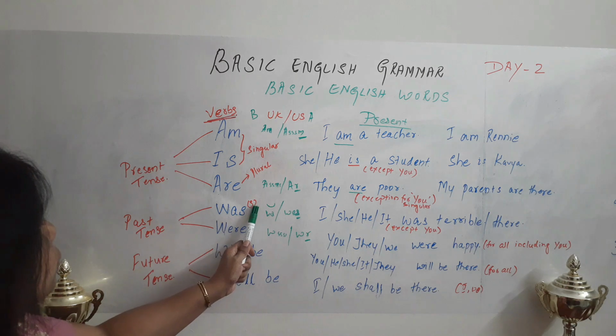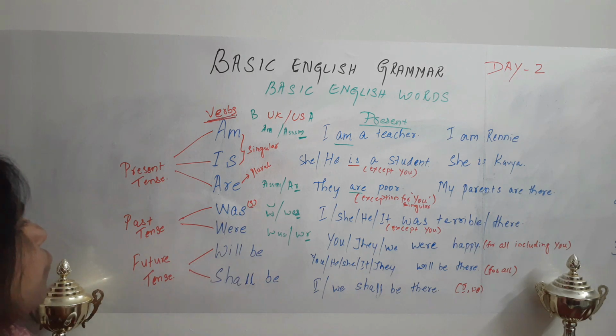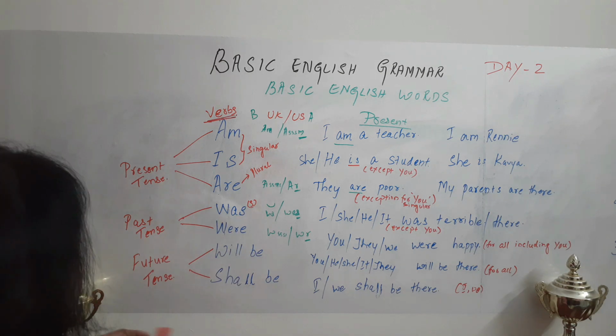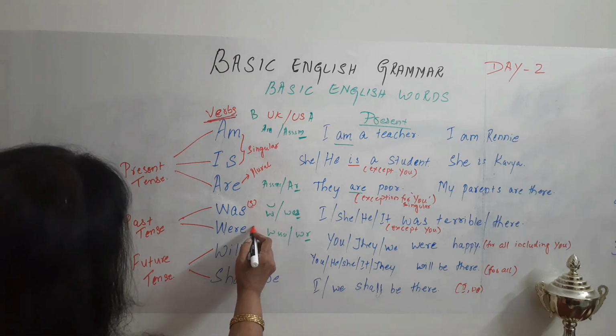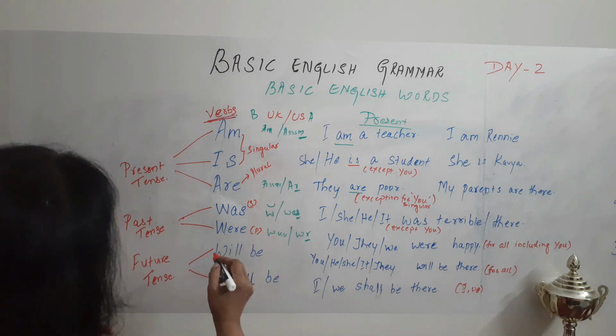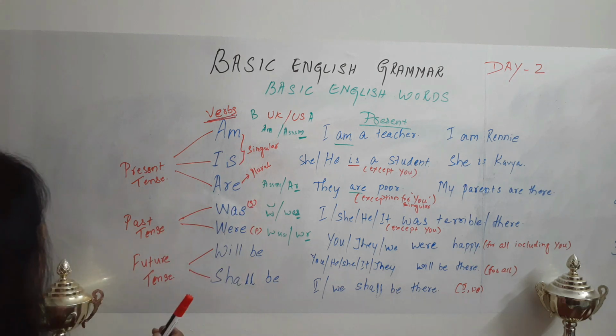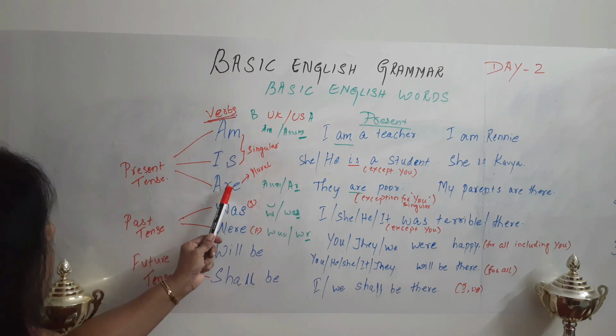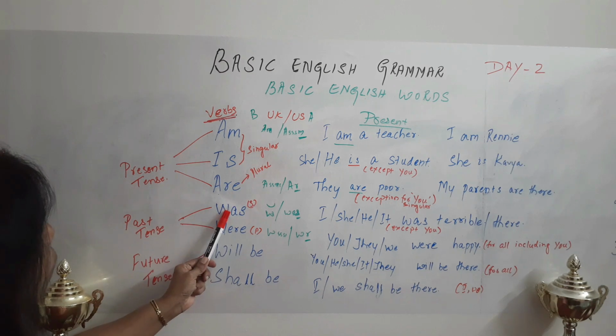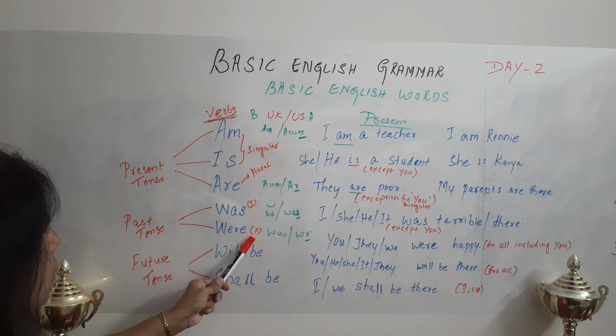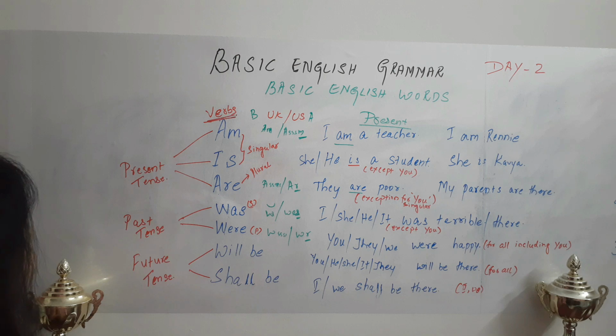Here "was" is for singular, "were" is for plural. Here "am" is for singular, "are" for plural, "was" for singular, "were" for plural. Alright.